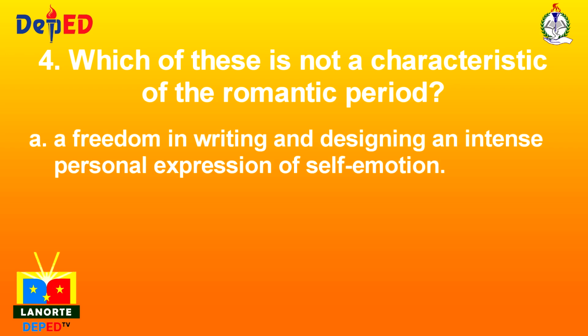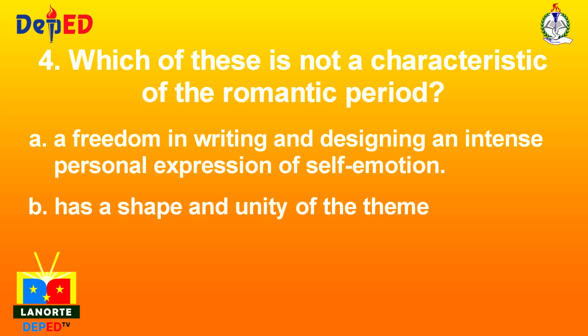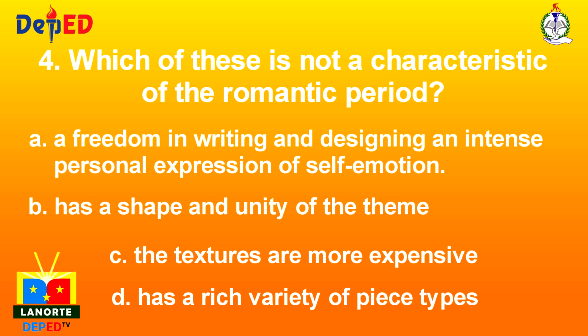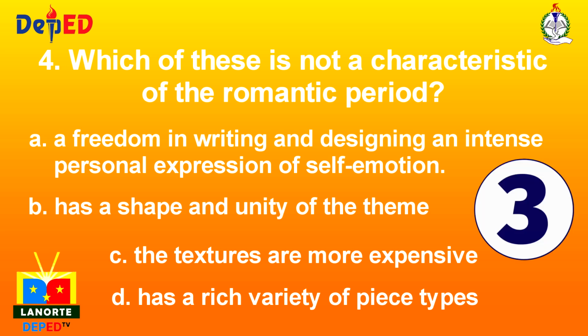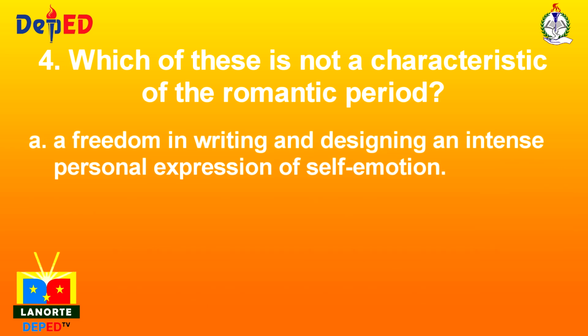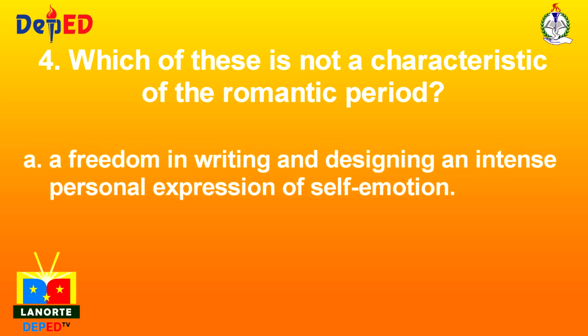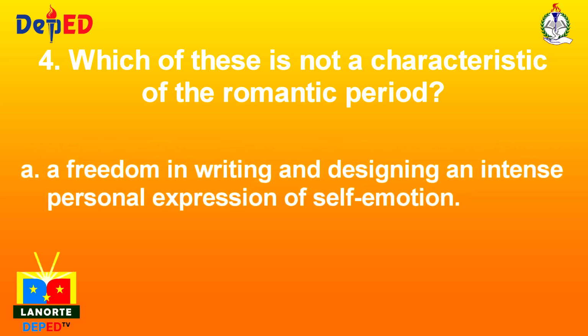A. A freedom in writing and designing an intense personal expression of self-emotion. B. Has a shape and unity of theme. C. The textures are more expensive. D. Has a rich variety of piece types. The correct answer is A. Freedom in writing and designing an intense personal expression of self-emotion.